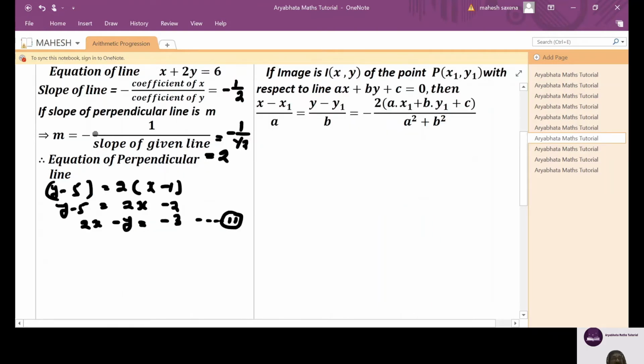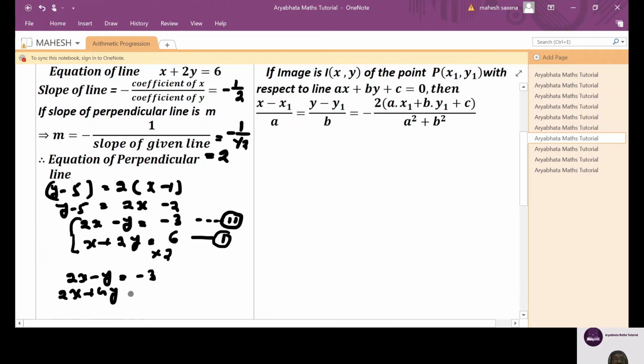The equation of the given line is x plus 2y is equal to 6. We will solve them simultaneously. We will multiply this equation by 2. Therefore, the equations will be 2x minus y is equal to minus 3 and 2x plus 4y is equal to 12.